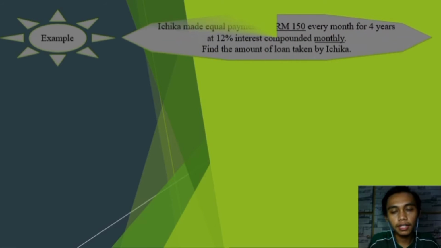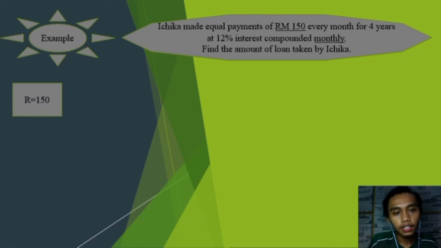This is an example for present value. Ichika makes equal payments of RM 150 every month for 4 years at 12% interest compounded monthly. Find the amount of loan taken by Ichika. Firstly, we need to list down the important information.